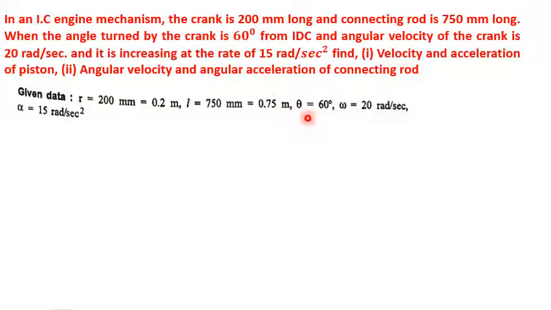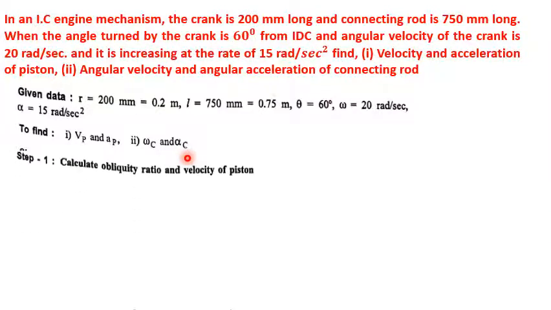Then angle turned is theta, which is 60 degree. Omega given, that is angular velocity, is 20 radians per second, and angular acceleration given is alpha, 15 radians per second square. So here we have to find the linear velocity of the slider and acceleration of the slider, angular velocity of the connecting rod, and angular acceleration of the connecting rod.